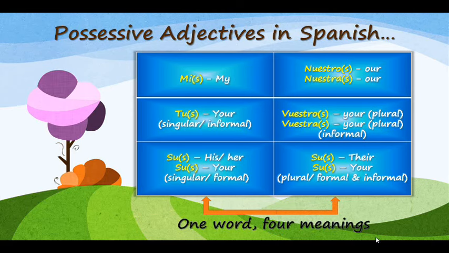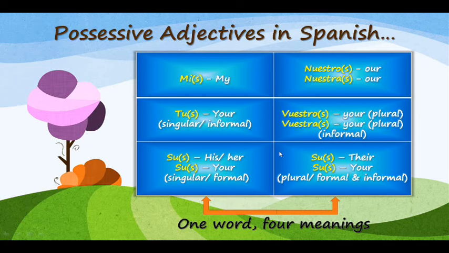So su and sus, his or her, or your, and that is the singular formal your, so it would be the usted equivalent. Now over here you have su and sus, their or your, as in ustedes, you all. So that's how you would refer to those two.